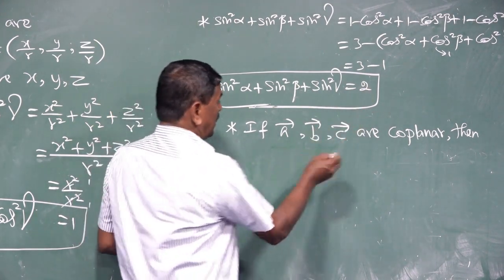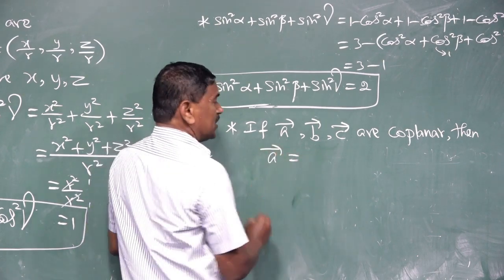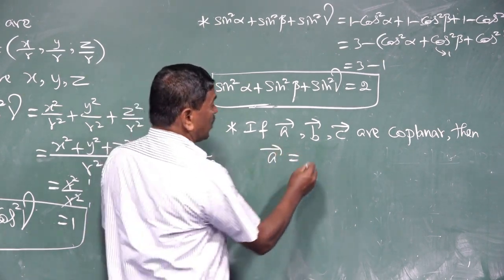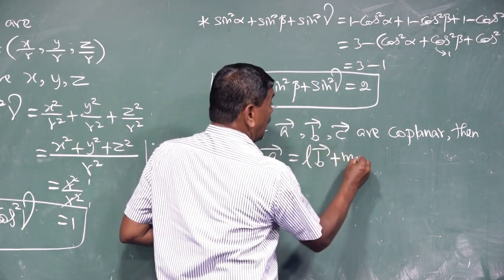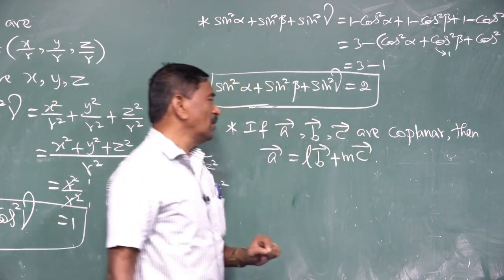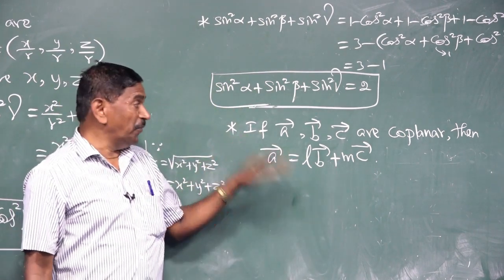Then we can write vector A is equal to L into vector B plus M into vector C. That's all. And one can write in a different way also.